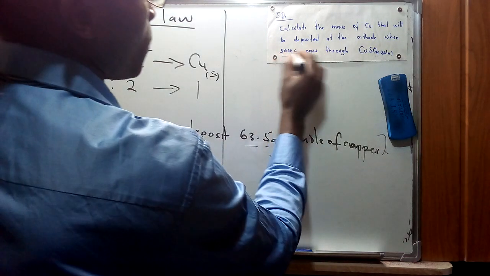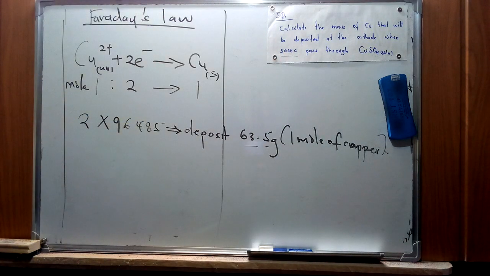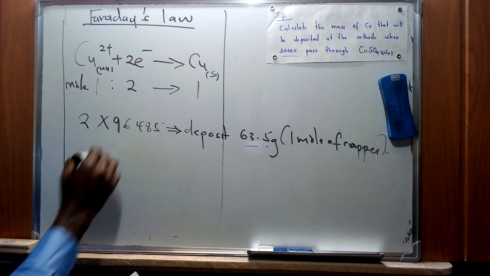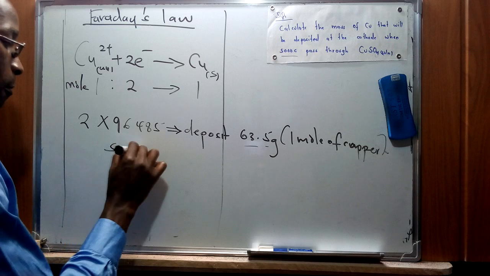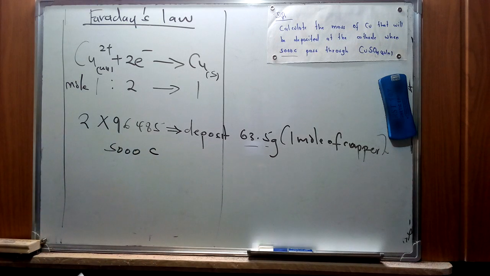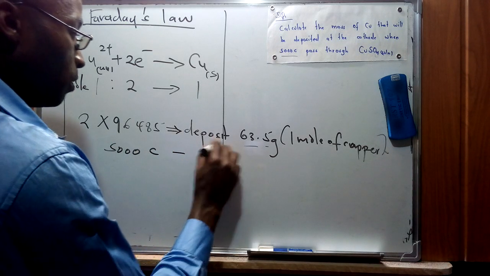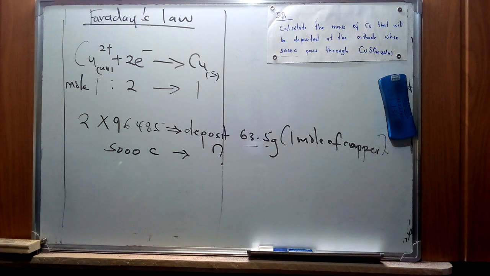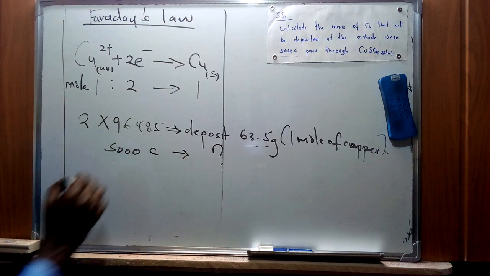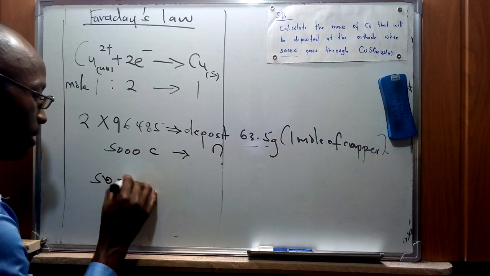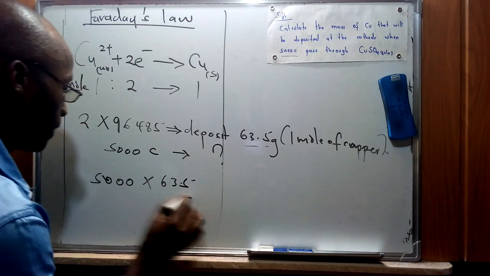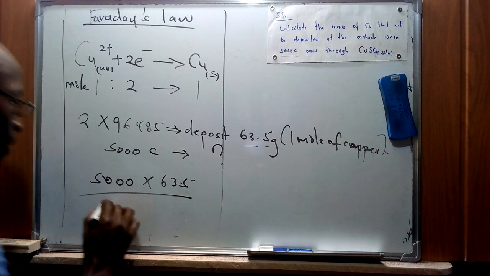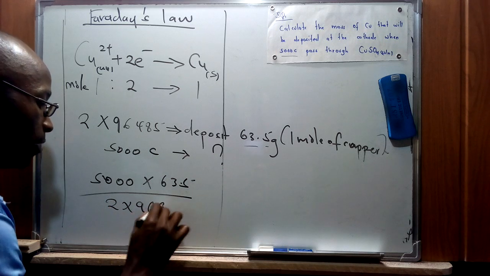So if 5,000 coulombs were used in this particular case, we ask what amount of mass 5,000 coulombs of charge can deposit. We just do a cross multiplication: 5,000 coulombs times 63.5 divided by 2 times 96,485.